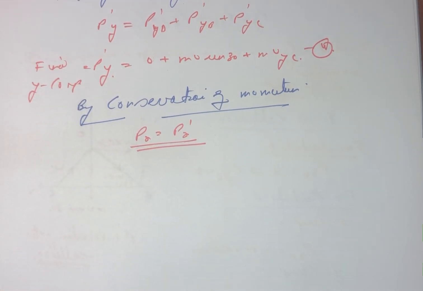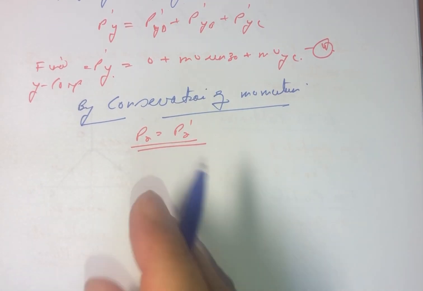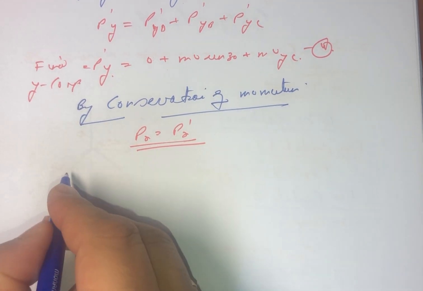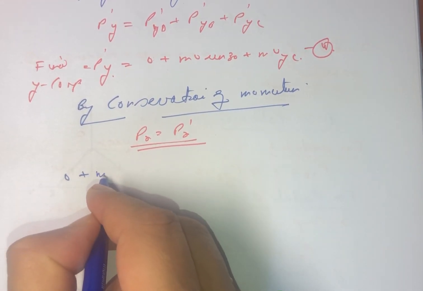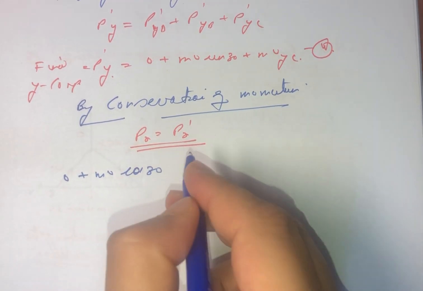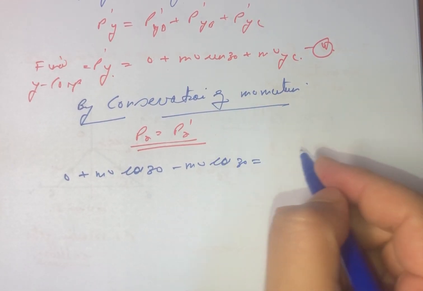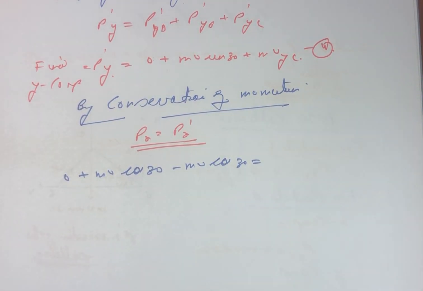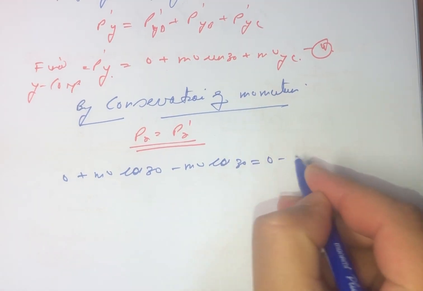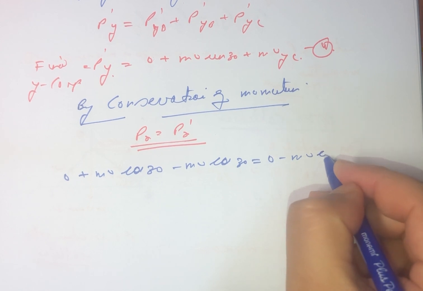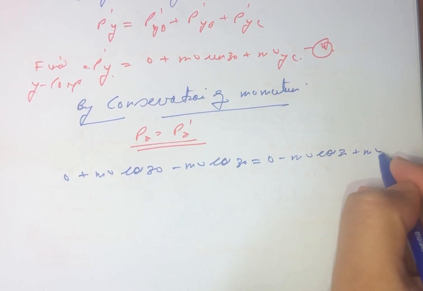We substitute the values. Px was 0 plus mv cos 30 minus mv cos 30 is equal to 0 minus mv cos 30 plus mvxc.